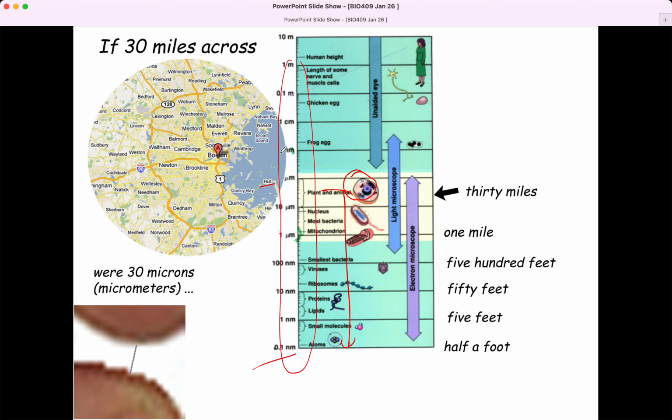And I say, just imagine that one cell was the size of this region of Boston. I didn't grow up around here, but it's just a big city with suburbs. And if that's about 30 miles across, then we could put this scale over here.